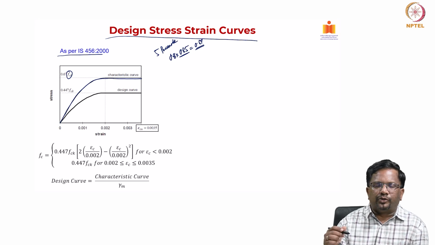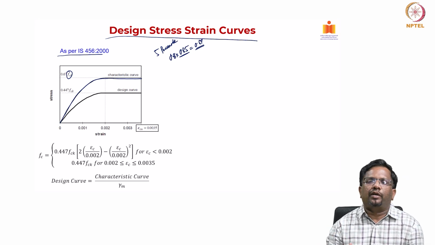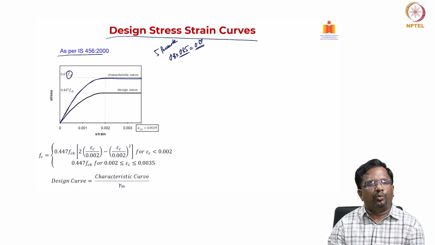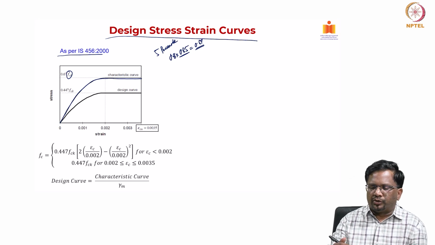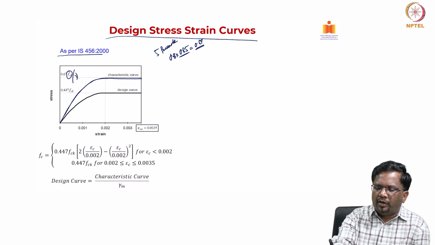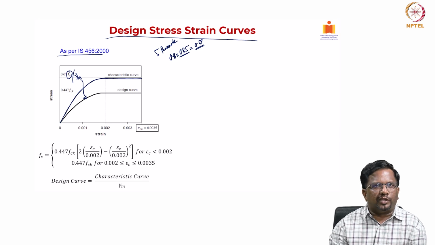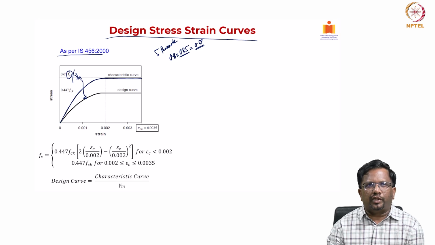Now, this also I cannot use, because again there will be a lot of variations in my material property. Code wants to be absolutely sure. So, what do we do? We divide this by gamma m, which is 1.5. That is the reason 0.67 fck divided by 1.5 gives 0.447 fck.